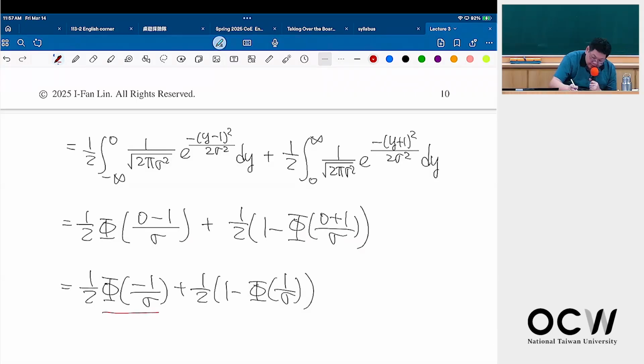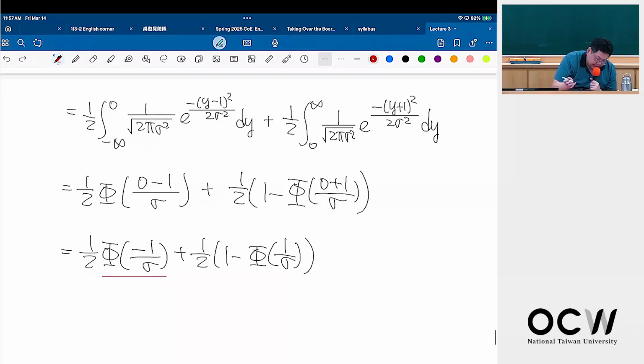For minus 1 over sigma, by the same PDF property, it should be 1 minus phi of 1 over sigma. So overall it is 1 minus phi of 1 over sigma.